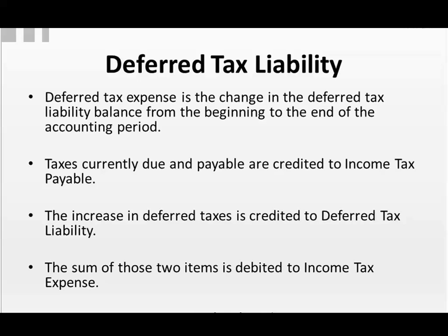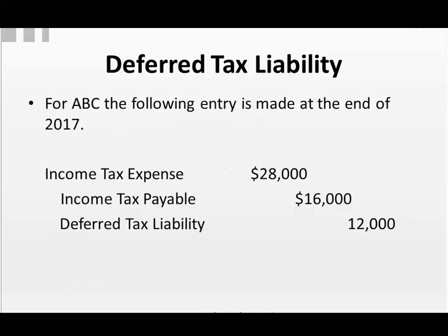The sum of the two items is debited to income tax expense. So in our little baby example, the journal entry that would be made is what you see on your slide 43. We would debit income tax expense for $28,000, credit income taxes payable current for $16,000, and credit deferred tax liability for $12,000. And that would all be in compliance with the new balance sheet approach, FASB 109.